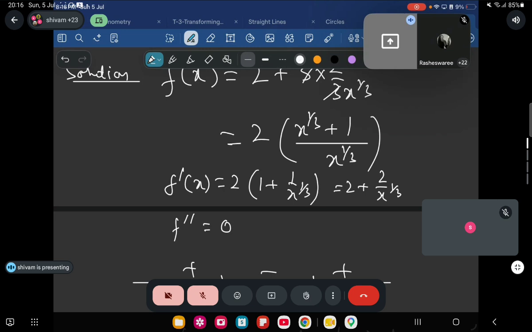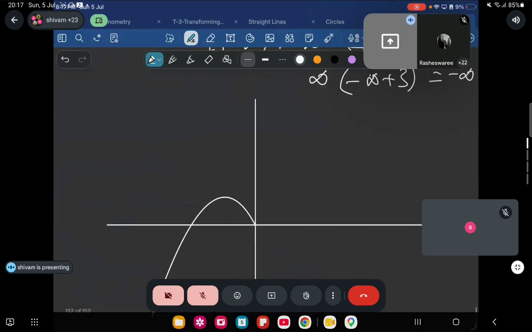Minus 2 by 3 into x to the power minus 1 by 3 minus 2, so minus 1 by 3 minus 5 by 3, for x greater than 0. Everyone just check, it is minus 4 by 3. So for x greater than 0, this is coming as negative. Okay, so the graph will be concave downwards like this. But at infinity, it will tend to infinity only.